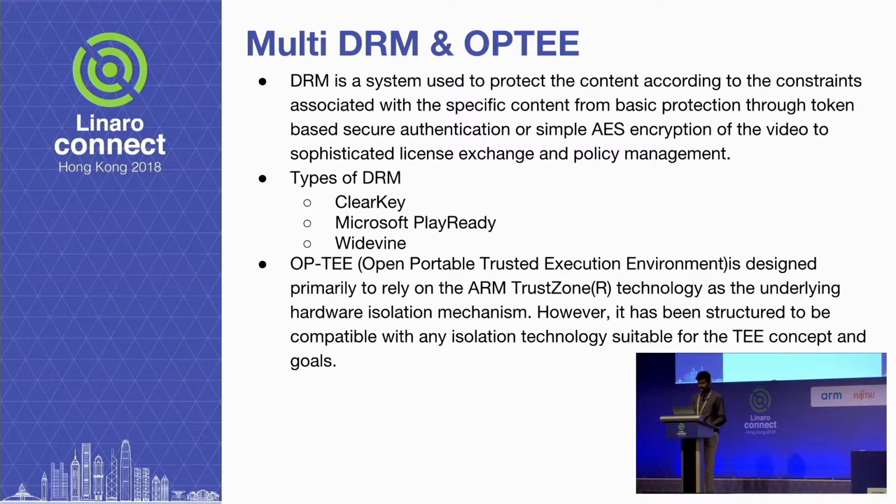And we have different types of DRM: ClearKey, which is open, Microsoft PlayReady, which is licensed, and Widevine. Those are all the DRMs we are considering. We have other DRMs also in the ecosystem, but we currently don't have that support.